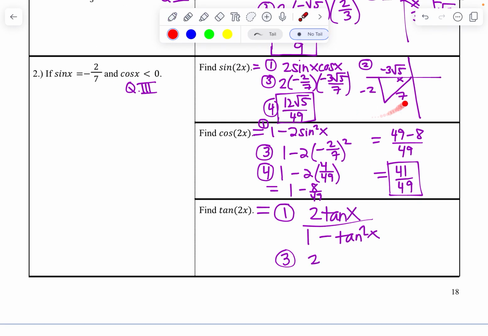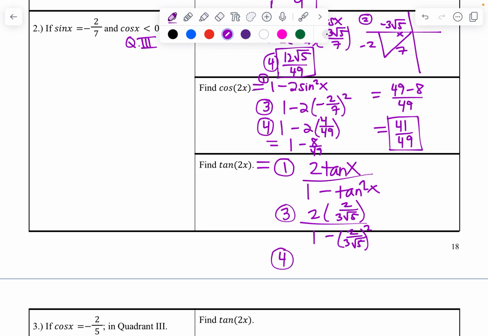Using my reference triangle, tangent is opposite over adjacent. So the two negatives will divide out, and it will just be 2 over 3 times the square root of 5, and 1 minus 2 over 3 times the square root of 5 squared.